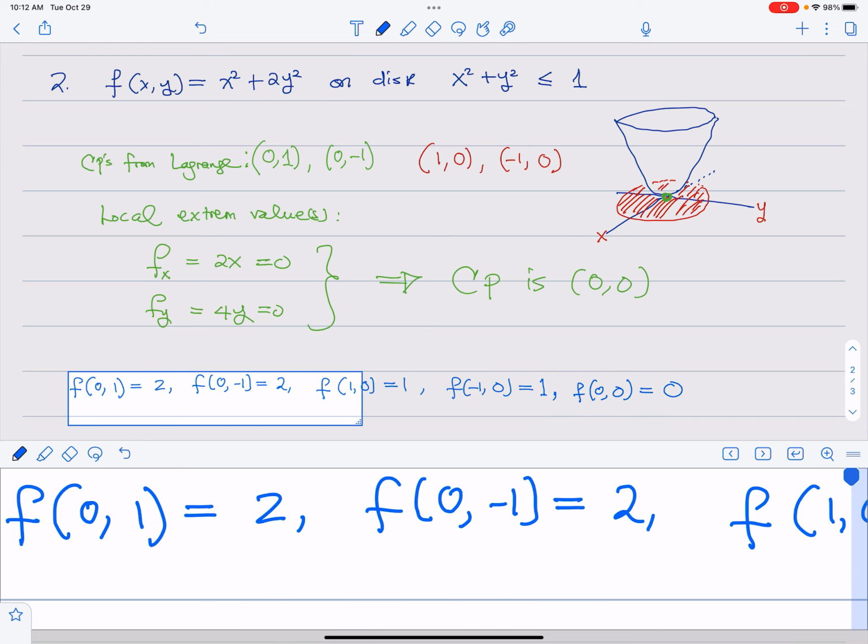However, in the previous problem, the maximum value was 2, and the minimum value was 1. All right, and we can tell where we got the point where we got this from.